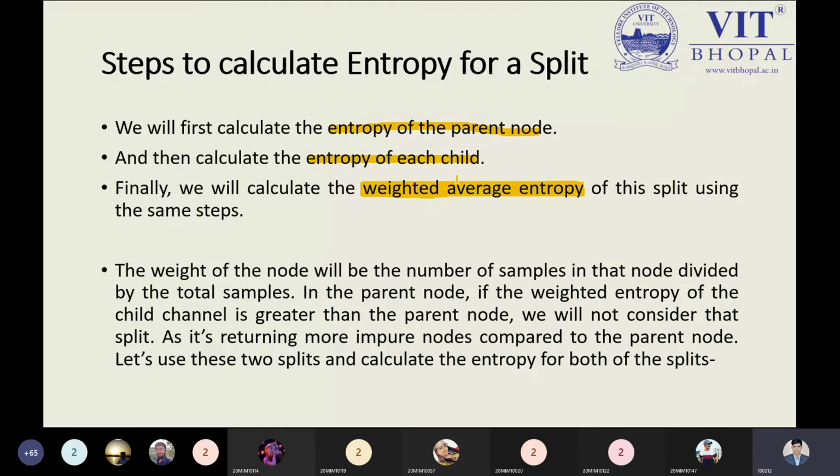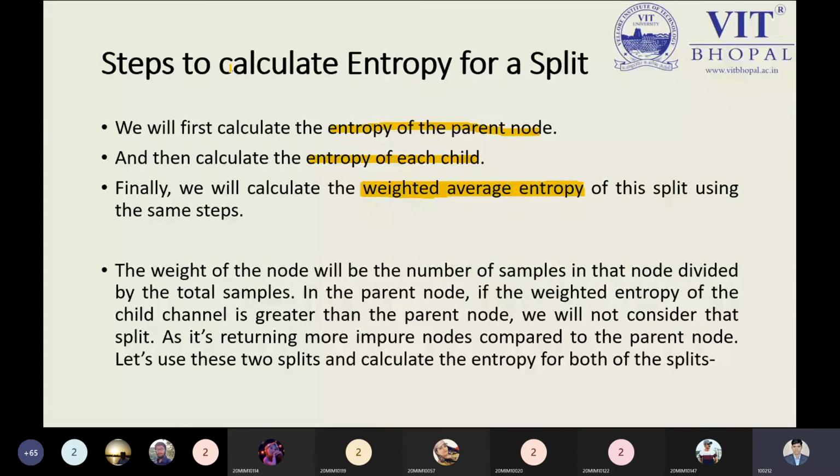These are the 3 steps we have to apply recursively, and after that you can use the information gain. So before getting the information gain, first you have to calculate the parent node entropy, then the child node entropy, and then the weighted average entropy. So for the splitting purpose, we have to keep in mind all these steps. Now we have seen what is meant by entropy and how to calculate it.